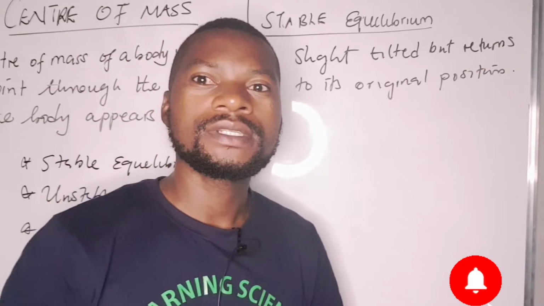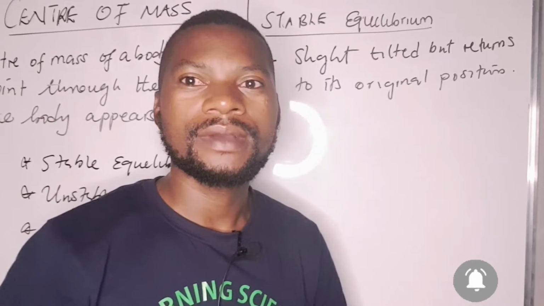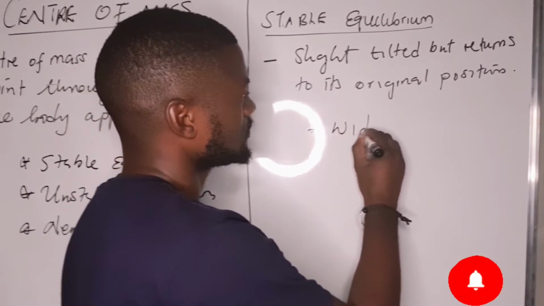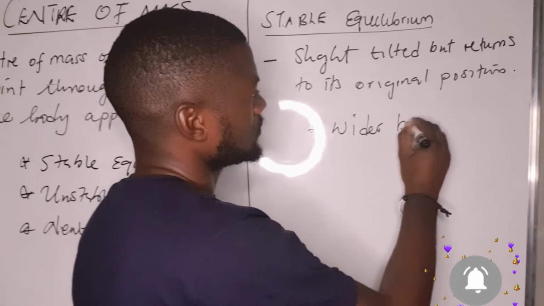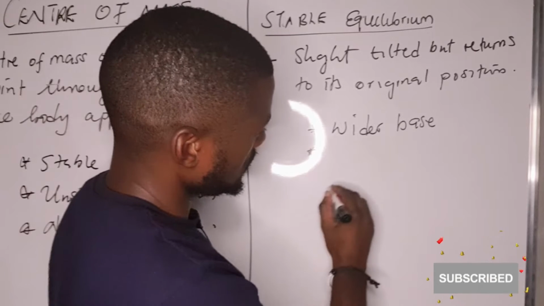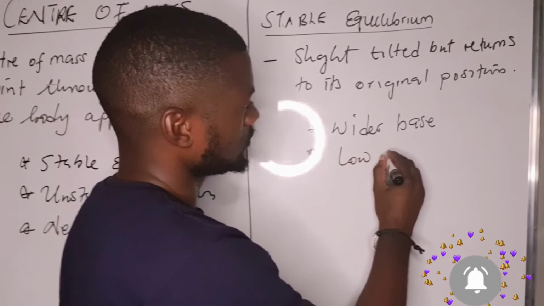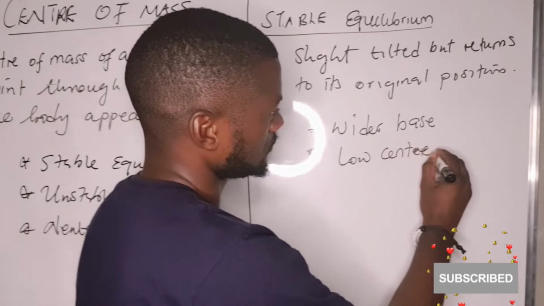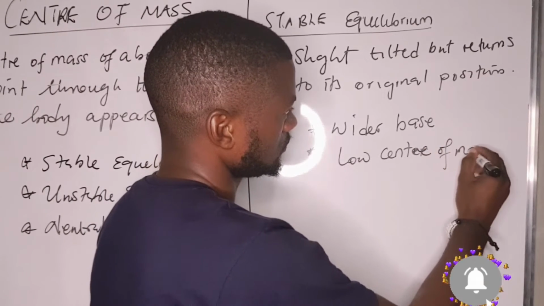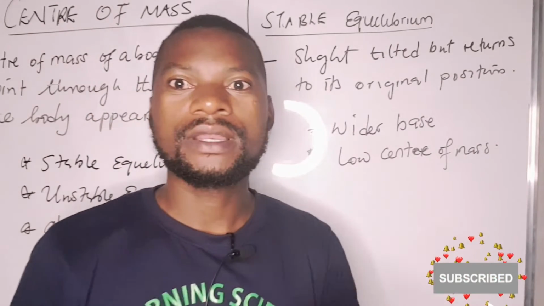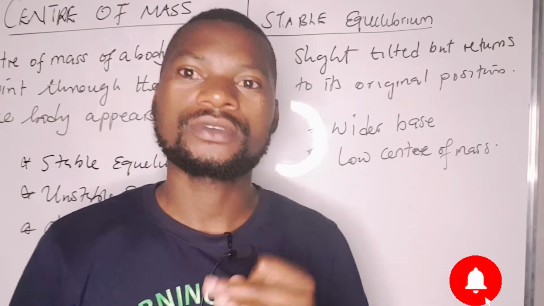So a body that is in stable equilibrium has a wider base and a low center of mass. So it is supposed to have a wider base and as well as a low center of mass.